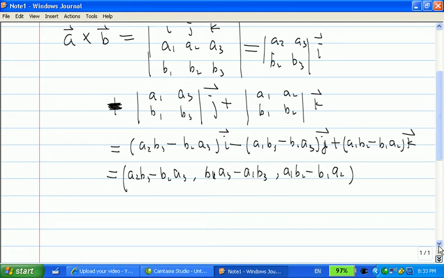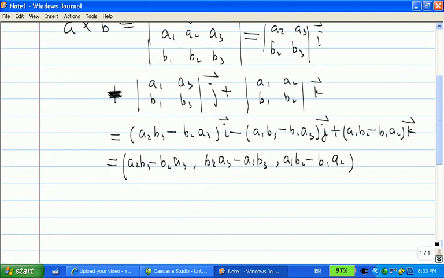Then you may wonder why we want to define the cross product in such a complicated way. First of all, I want you to remember that the cross product of two given vectors results in a vector, I call it C. You can see there, the result is a vector with 3 components.